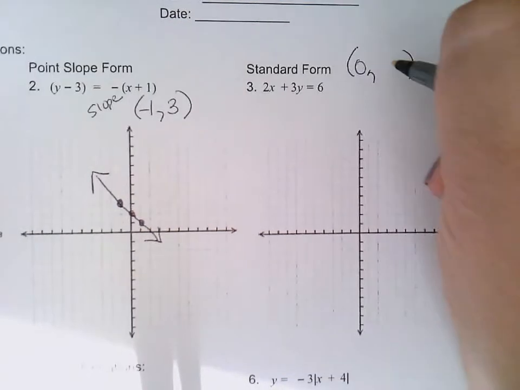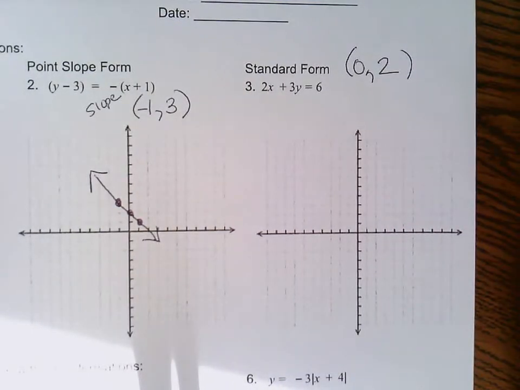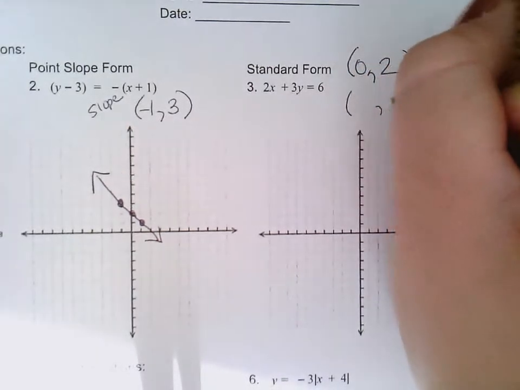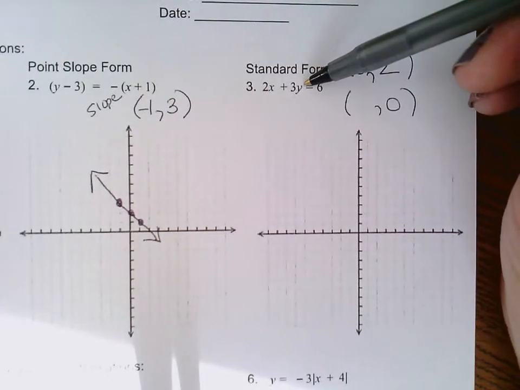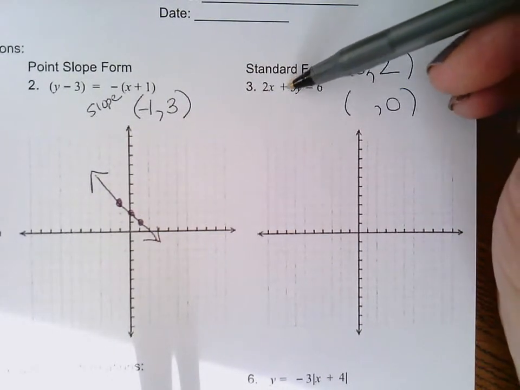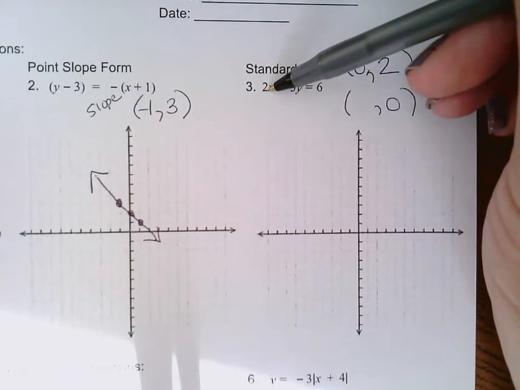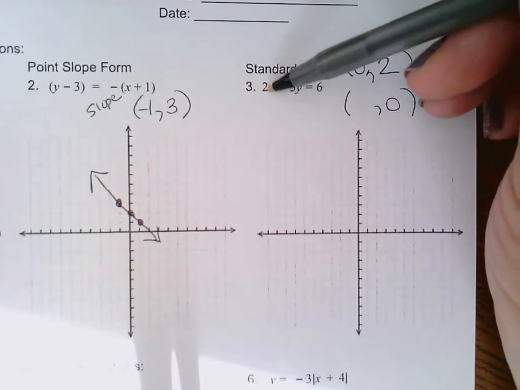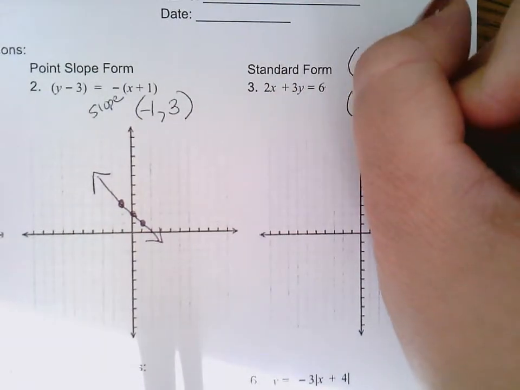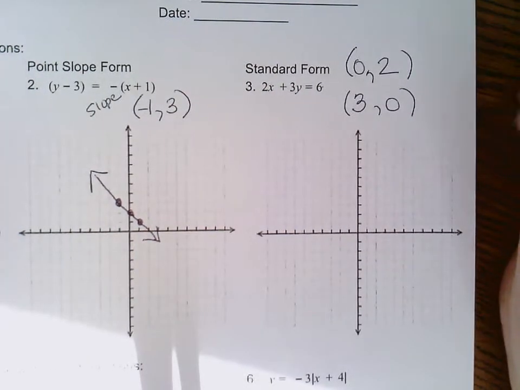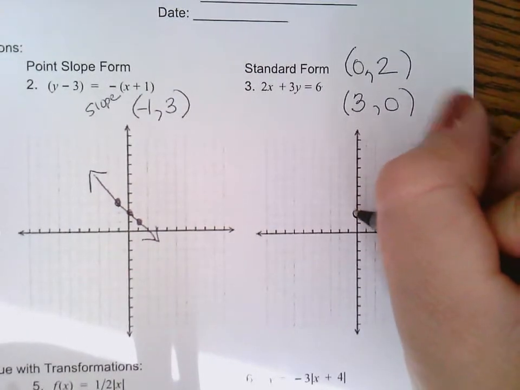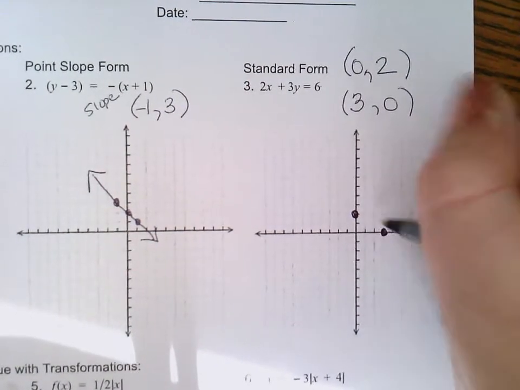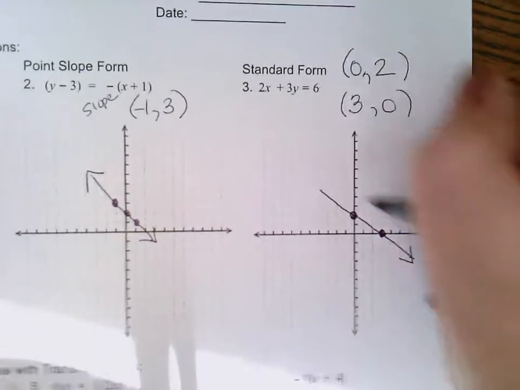So that means that y would have to equal 2 to make the equation true. Same thing if I plug in a 0 for this y value. So 2x equals 6. So 2 times 3 is what equals 6. So my x-intercept is 3. So 0, 2 and 3, 0, that would be my line.